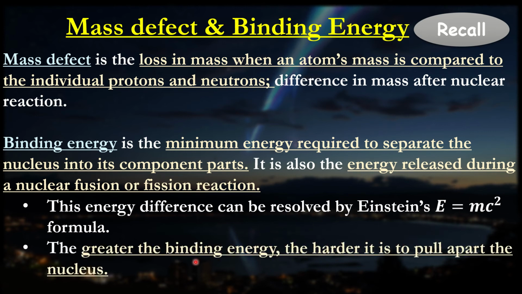The other thing you should notice is that the greater the binding energy, the harder it is to pull apart the nucleus. So a smaller nucleus has a stronger binding energy, whilst a bigger nucleus has a lower binding energy.